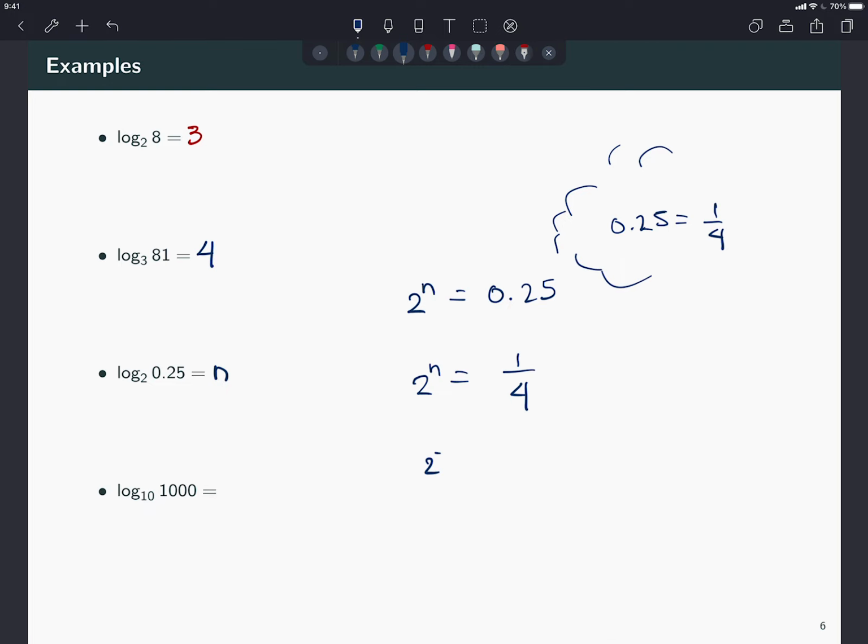So 2 to the power of negative 2 is precisely 1/2 squared, which is 1/4. So my answer is this exponent, negative 2. That's my n in this case. Okay, so a little bit more work to do on this one, but it's doable.